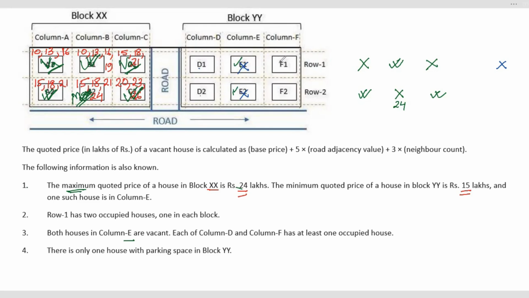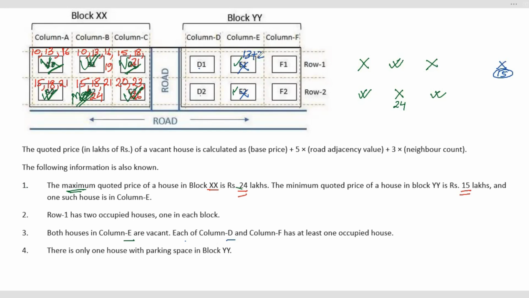So either these are occupied or both will be occupied from our next point, because each of column D and column F has at least one occupied house. So definitely E2 is not that 15. Our 15 will be this price, and one of it will be occupied, because I have taken the 13 value, 13 plus 2. So it should be 15 here.